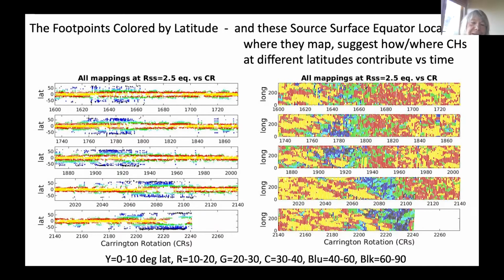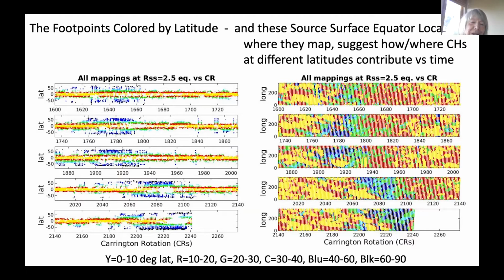And you can see that things change with solar cycle phase as far as where your solar wind is coming from. I found it somewhat surprising that these panels start at solar minimum, basically, and that solar wind is coming from low latitudes. It's not coming from the polar regions, except right at the end of the solar minimum in these mappings.